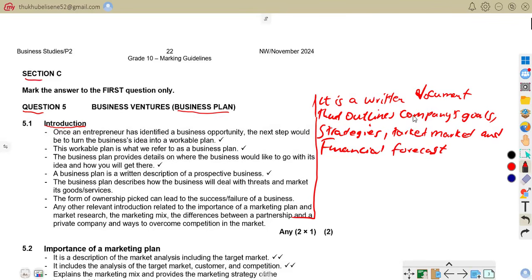So that is in short when we are to give the definition or explanation of what a business plan is.